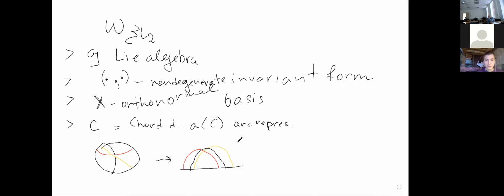Okay, this is an arc representation of the chord diagram, and for any arc we write elements of our basis.